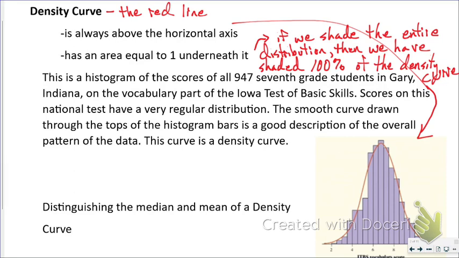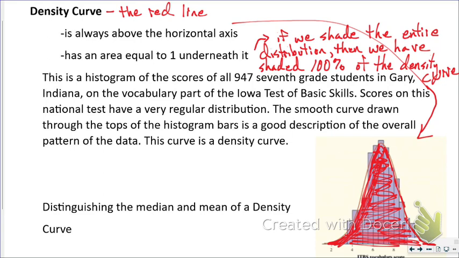So, for example, if I shade every single bit of this distribution under that red curving line, that all that area equals 1 principally means is that I shaded 100%.